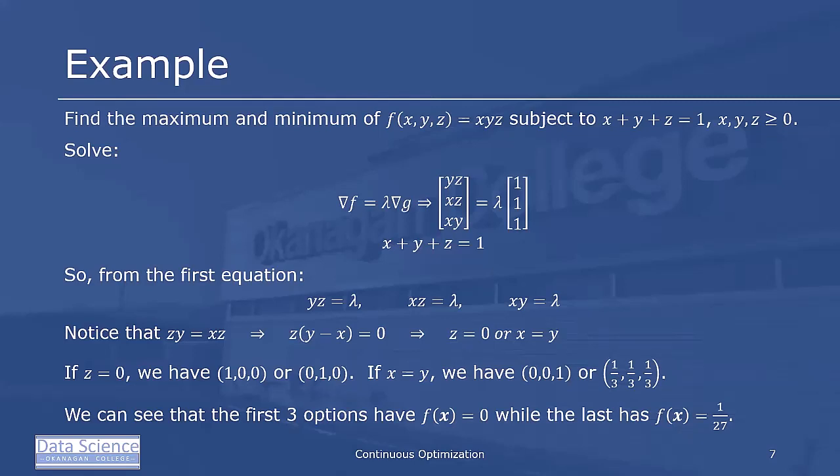Now, if z is equal to 0, we get either the point 1, 0, 0, or 0, 1, 0. If x is equal to y, we get the point 0, 0, 1, or a third, a third, a third.